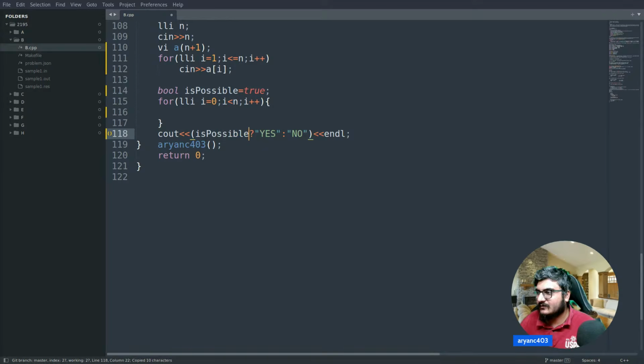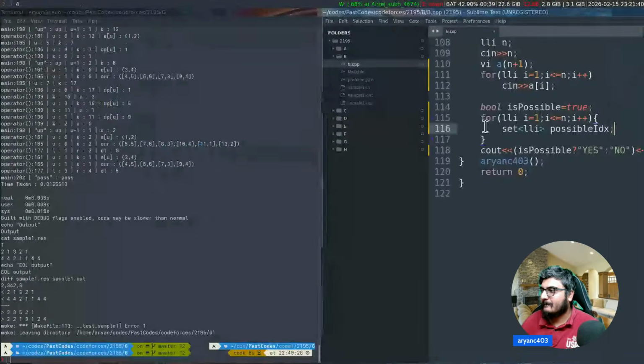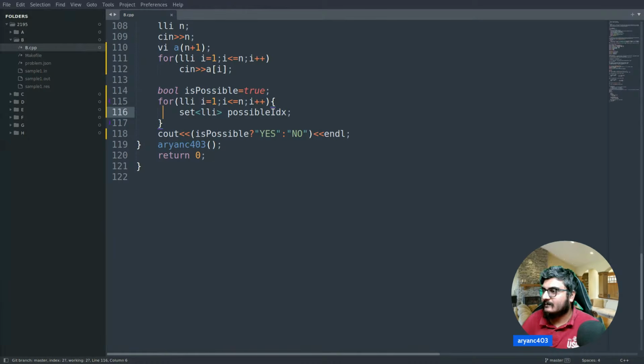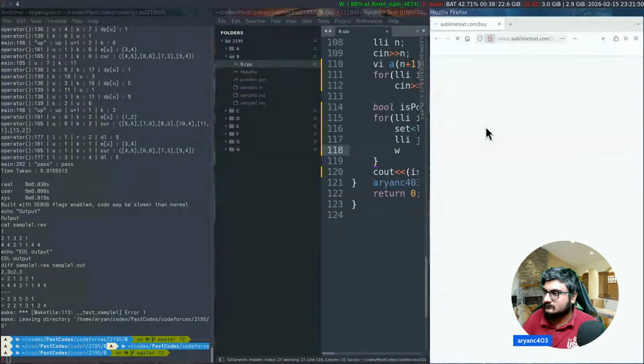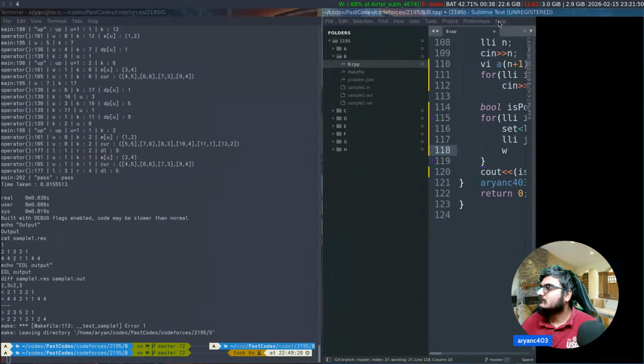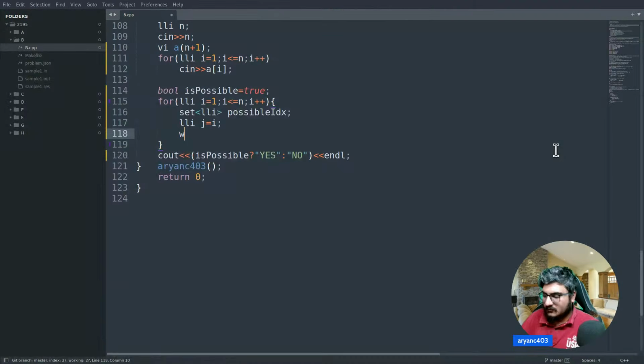If it remains true, let's find the set. For I, what all places we can send it to. We can send it to all j less than I.